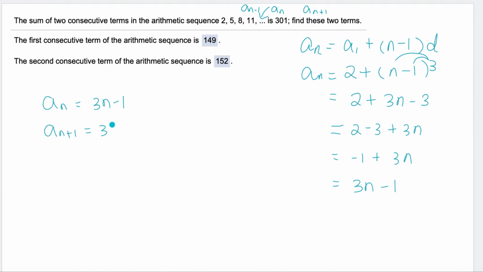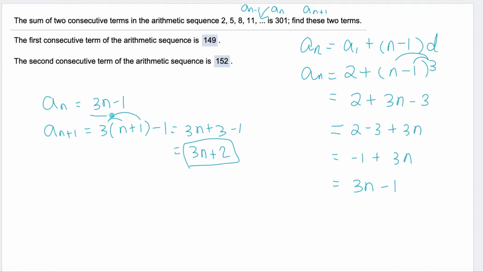That should be 3 times n plus 1 minus 1. If you simplify that, you can distribute 3 to n and 1. So you get 3n plus 3 times 1, 3, and you have minus 1. So the next term after 3n minus 1 should be 3n plus 2.